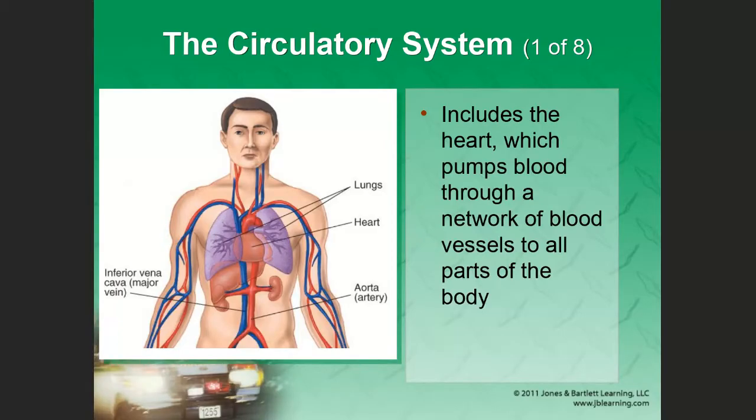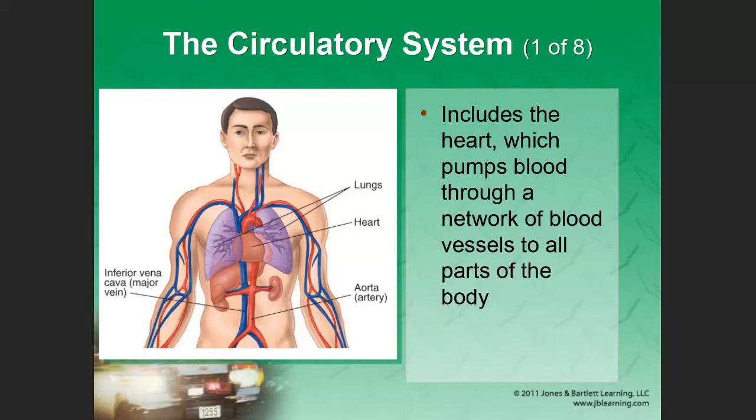Now, the venous system primarily carries deoxygenated blood. So the blood that is transported via the veins primarily is deoxygenated, so it doesn't have oxygen in it, right? However, there is an exception. So primarily the veins carry deoxygenated blood, with the exception of the pulmonary veins.